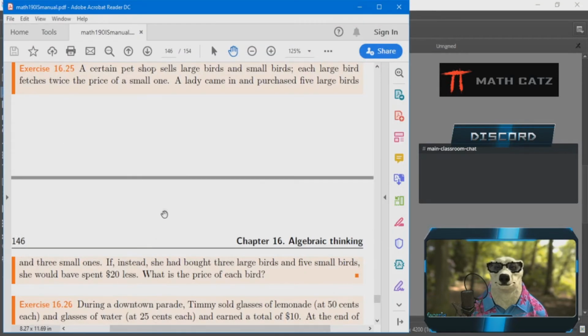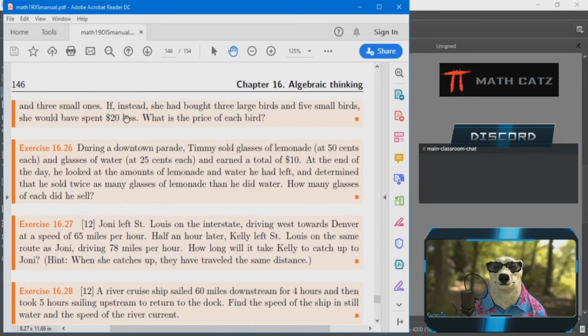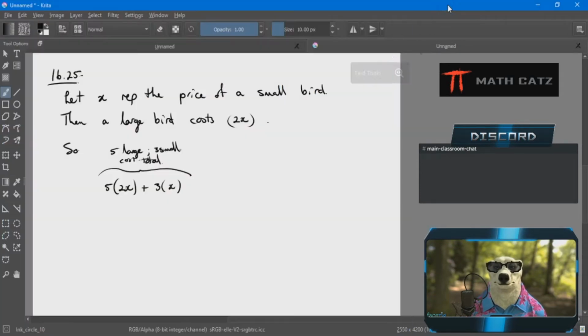Another scenario is where she bought 3 large and 5 small. So 3 large, 5 small, total cost.